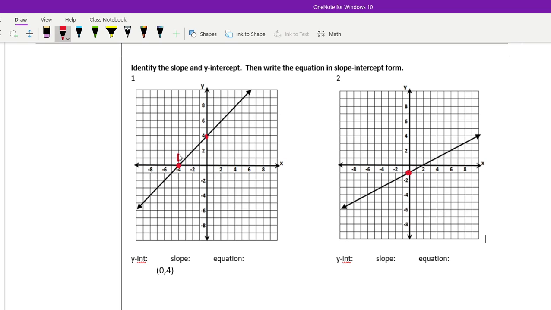When I do this to find the slope, I want to figure out how much it goes up, in this case, a value of 4, and how far over to the right that it goes, also 4. Our rule is rise over run. In this case, they're both the same number. It does not change. So when I use rise over run for my slope, I have 4 divided by 4, which is just 1.